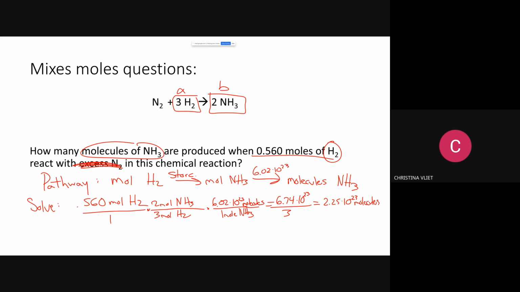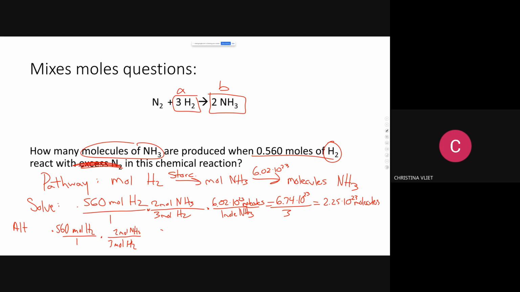For those of you who do not want to use dimensional analysis, you would still have to do it for the stoichiometry, for the first part. So 0.560 moles of H2 over 1 times 3 on the bottom, 2 on the top, to get the ratio, we call that. And then you would get the answer there. That answer would be in moles.